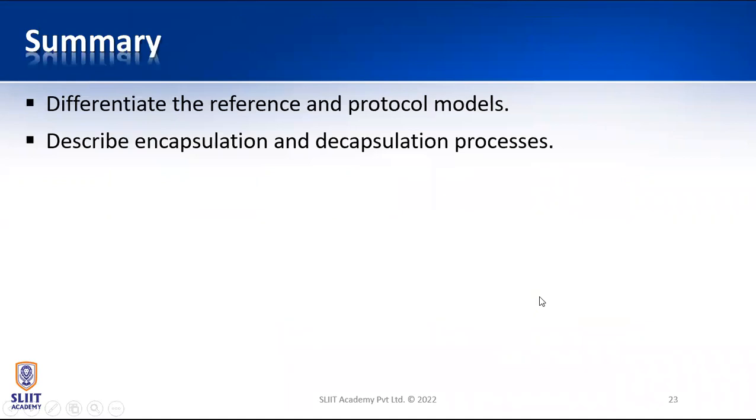So today we discussed protocol and reference models. You have identified why we are using them, and what the requirement is to have protocol layering or layered architecture. And with a simple communication process, I explained why we have that requirement. And finally, after the break, we discussed the encapsulation and the protocol data unit names.